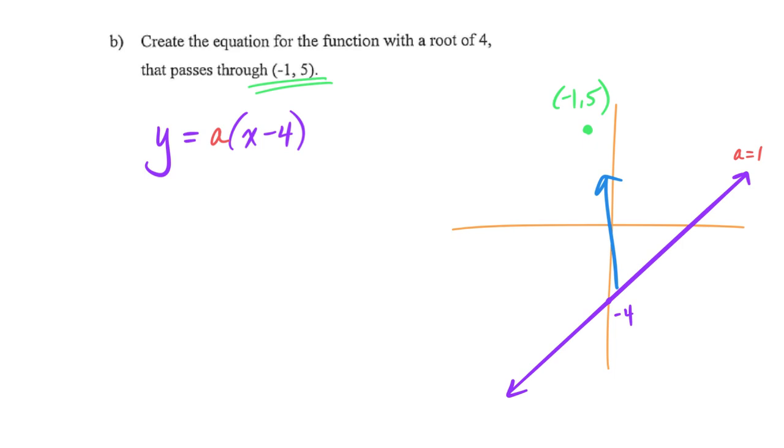And I want you to notice that as soon as you start to shift up that graph, you're going to lose the most important feature of that graph up until this point. It has to have an x-intercept at 4. Notice, as soon as I shift that purple line up, I'm going to lose that key point. It's gone.